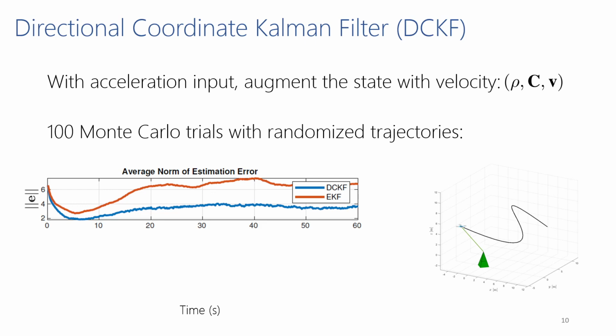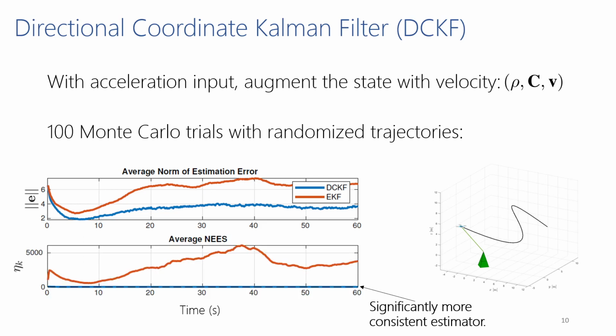Over the 100 Monte Carlo trials, we can see that the average norm of the estimation error is significantly smaller for the DCKF as opposed to the Cartesian EKF. Note that the actual magnitude of the error is somewhat meaningless, as it contains both position and velocity errors combined. The point of this graph is to highlight the difference between the two estimators.